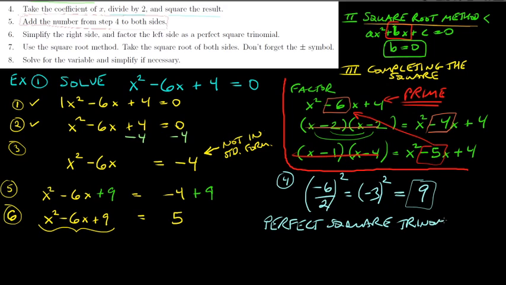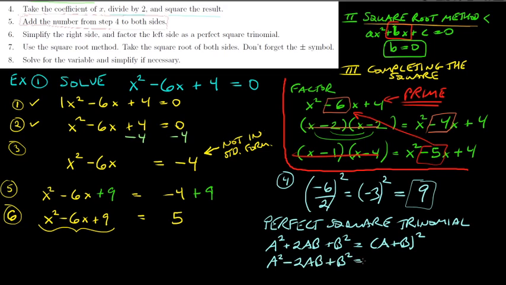So this was way back in chapter 6 where we talked about factoring, and it's basically this. You have a squared plus 2ab plus b squared that factors as a plus b quantity squared. The other form is if you have a squared minus 2ab plus b squared. That factors as a minus b squared.